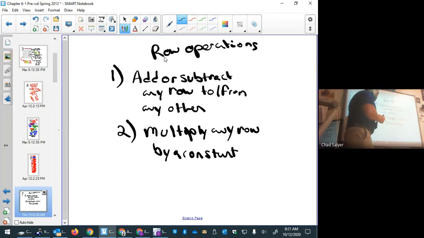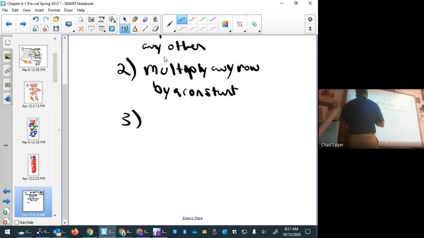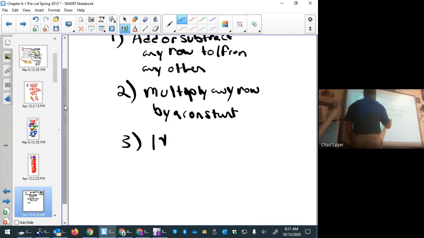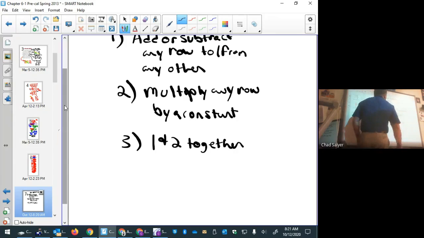And that constant can be a fraction, so that effectively gives us division as well. I can multiply by 1/8, and that's analogous to dividing by 8, for example. And then 3 is kind of a cheesy one: I can do 1 and 2 together at the same time.